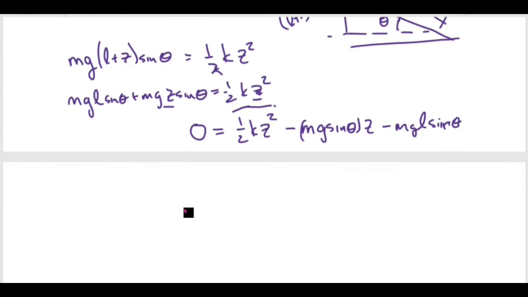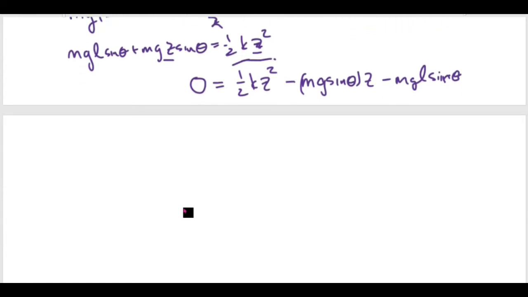Now, there might be some advantage to actually plugging into the quadratic formula using the variables, but I'm going to stick in numbers at this point. So we have 0 is equal to 10 z squared, since k is equal to 20. m is 5. Sine of theta, more specifically, is 0.6. g, let's go ahead and put this on a planet where g is equal to 10 meters per second squared. So not Earth.